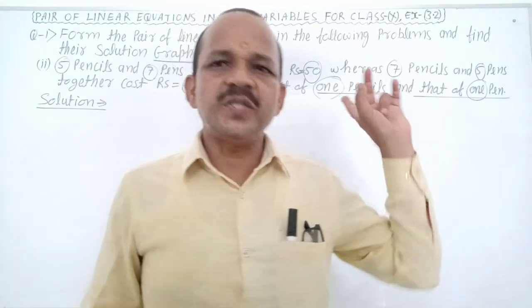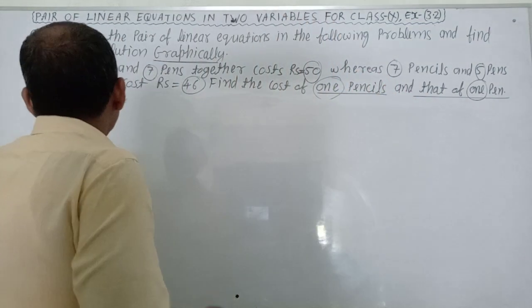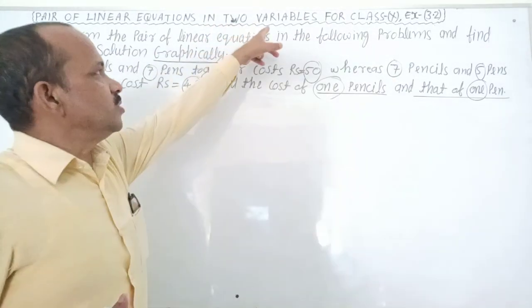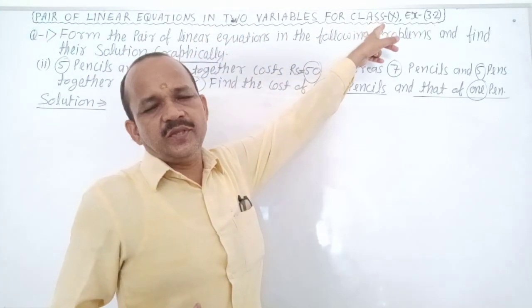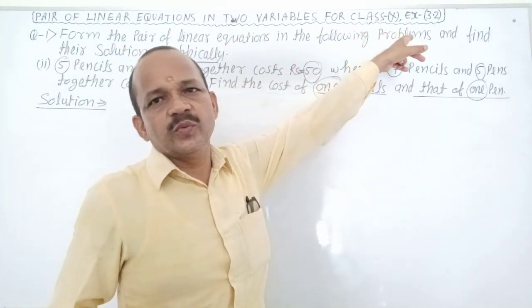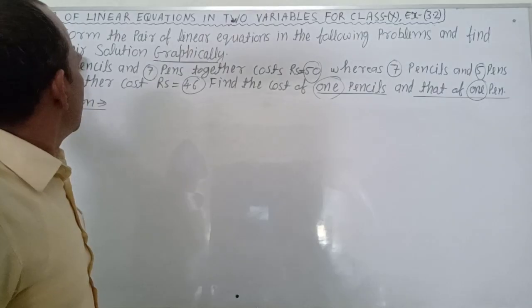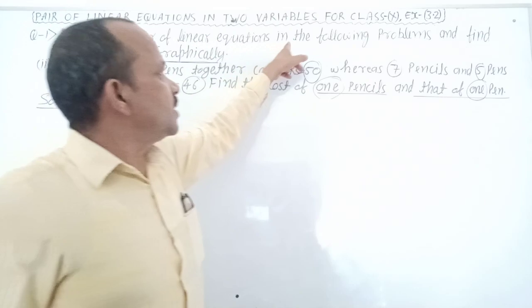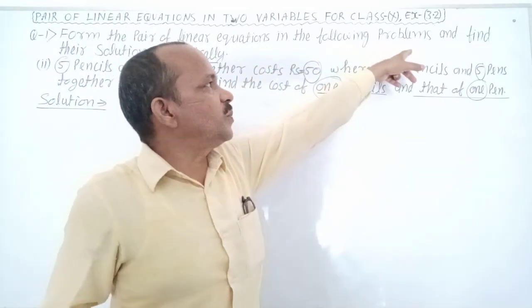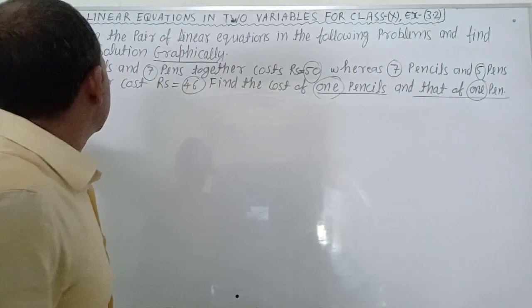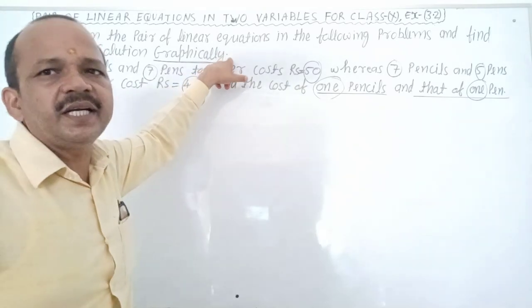Very good. See the pair of linear equations in two variables for class 10th exercise 3.2, question number first, part 6. Form the pair of linear equations in the following problems and find their solution graphically.